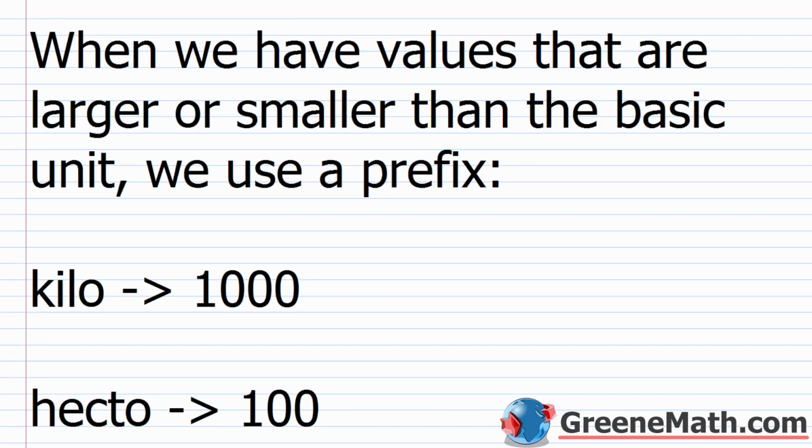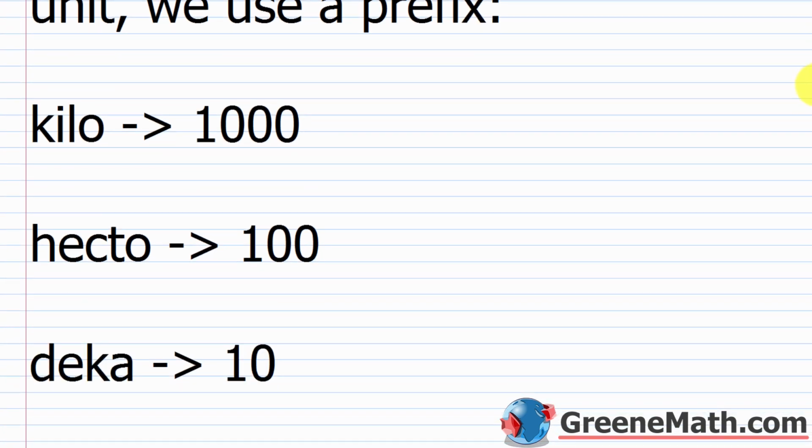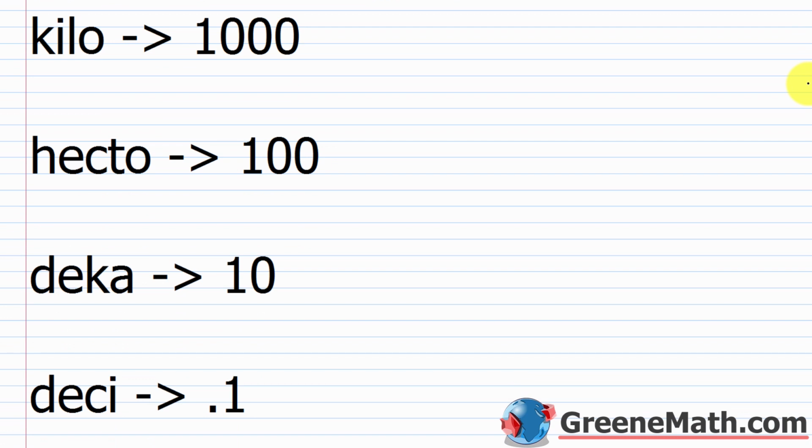Now, one thing that's different about the metric system, when we have values that are larger or smaller than the basic unit, we use a prefix. So when we talk about prefix, that's a word that's going to come before the basic unit, right? So we put a word before we say gram. And here are our prefixes. So the first few we're going to look at represent larger values than the basic unit. So we have kilo, which stands for 1,000.